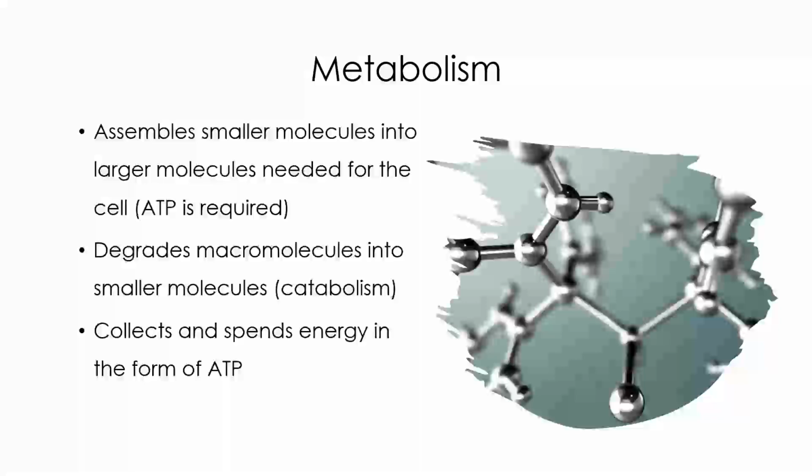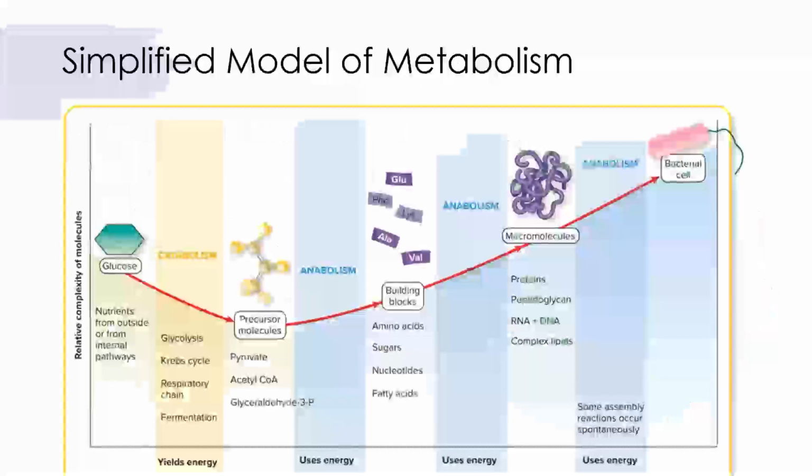Degradation of biomolecules into smaller ones is catabolism. So going from large chunks and chopping them up into smaller ones is catabolism. And we can collect ATP in these processes and then spend them as energy to actually assemble larger molecules.